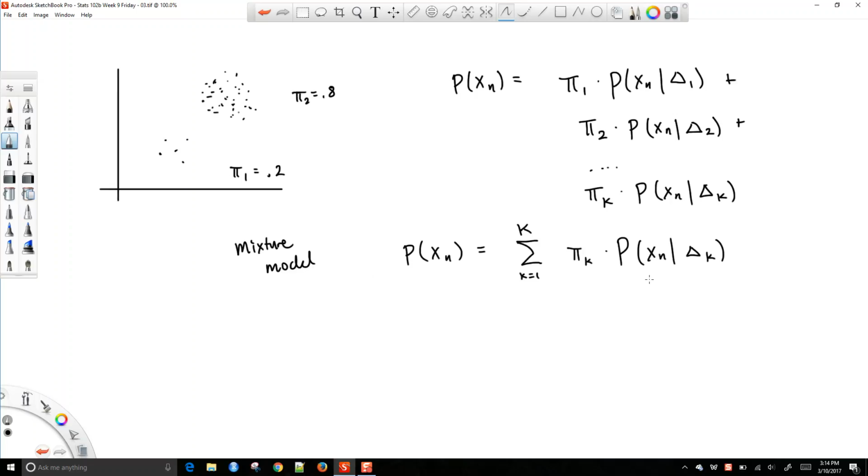The probability of any one given data point is going to be basically the density for a particular class multiplied by the probability of that class.